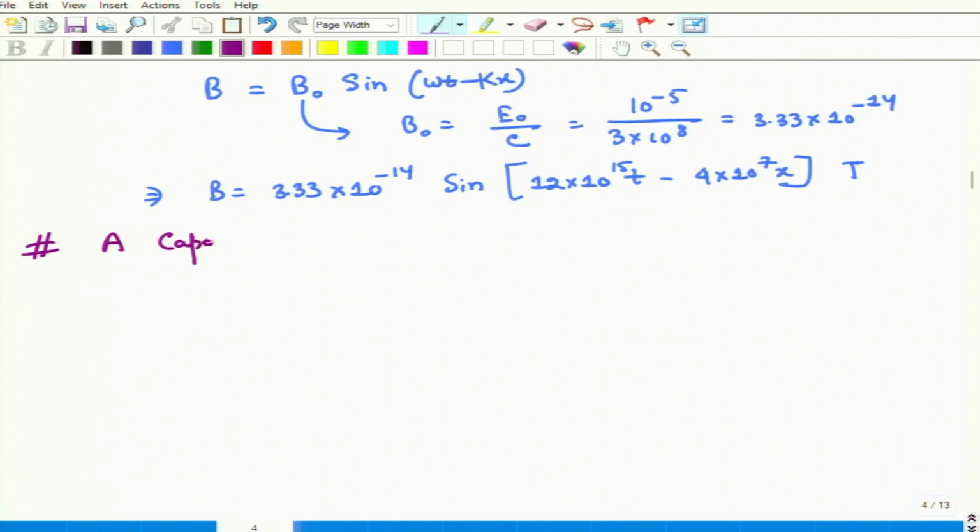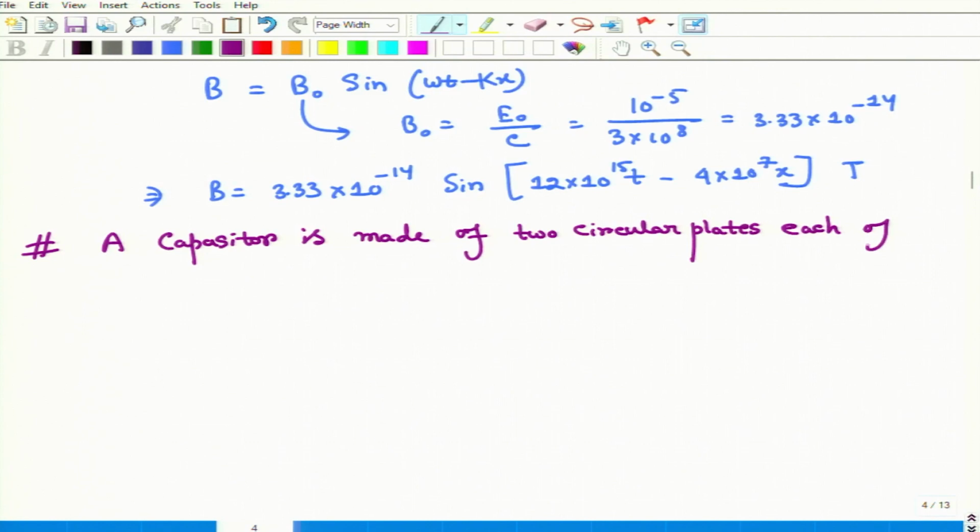A capacitor is made of two circular plates, each of radius, is given, actually that is 12 centimeter, and separated by 5 centimeter.